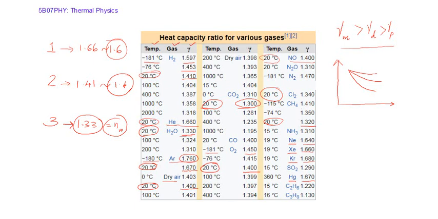Now you can clearly understand that the slope is directly proportional to gamma, right? So you can predict that it will be in the order of monatomic, then diatomic, and polyatomic.